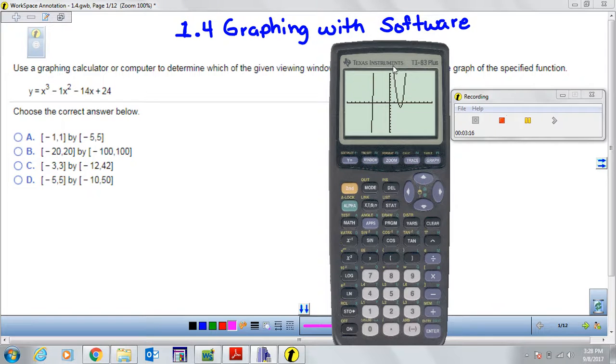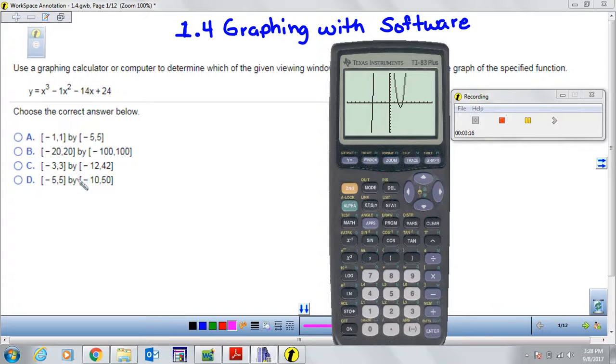So the only thing that we would need to figure out now, after figuring out that probably letter D is the best option for the domain: letter B, negative 20 to 20 is too much. We don't need all the way from negative 20 to positive 20 on the x-axis. And negative 1 to 1, that's too short. It's going to cut important pieces of the graph, important attributes of the graph.